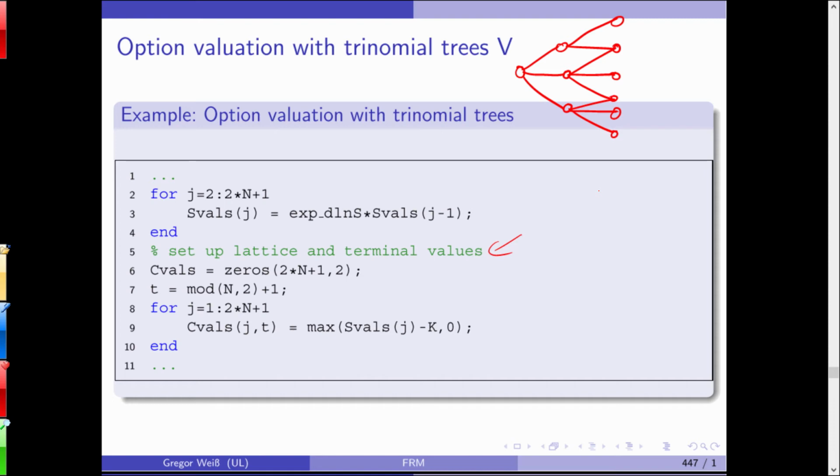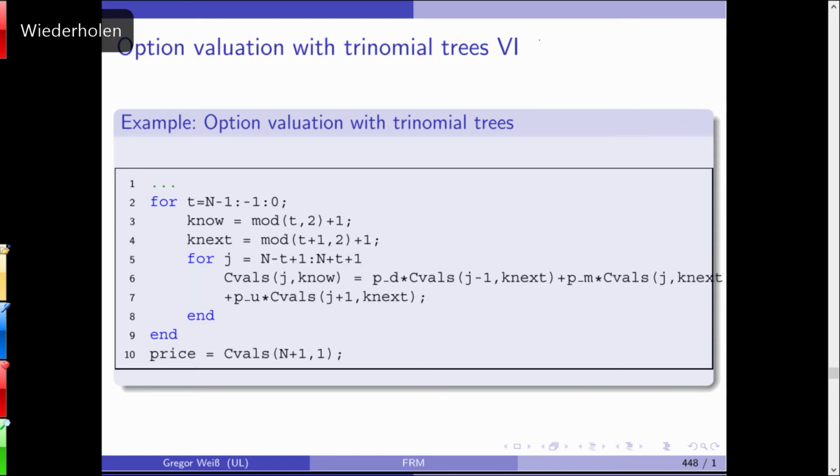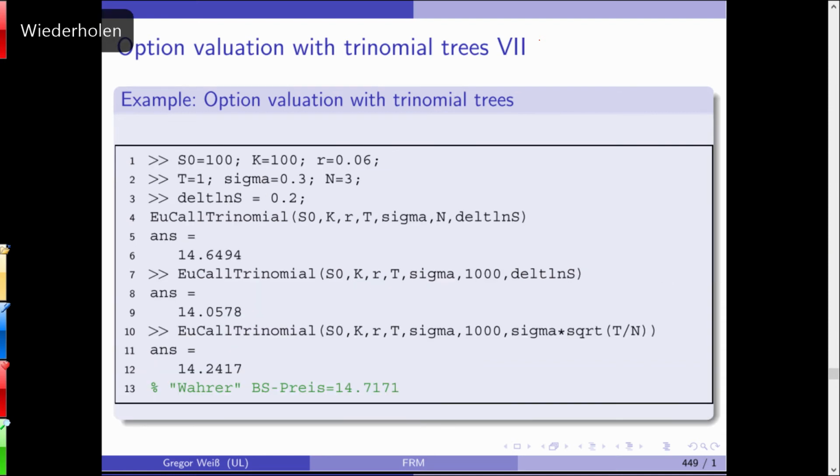You set up the lattice with all those terminal values, and then you take the last column and you go back one column each step and calculate the prices of the option at t minus 1, t minus 2, until you get here, and this is the option price at t equal to 0. In MATLAB, it's a little bit more complicated to program this recursively, but if you do it correctly, it's of course much quicker than doing it by hand.